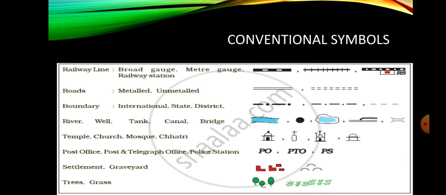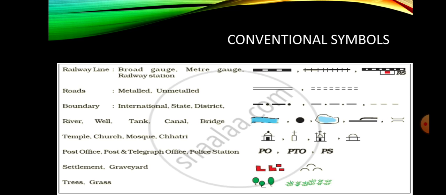Now, conventional symbols. In maps, we find symbols. These are the pictures of the symbols which we use on maps. In maps, you can see the railway lines, where we find broad gauge and meter gauge.